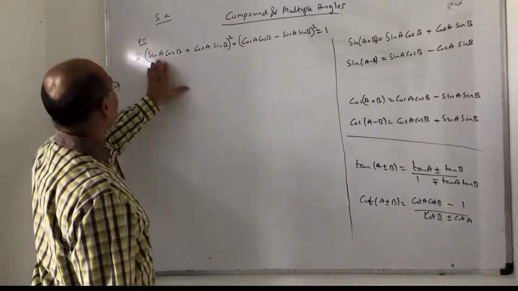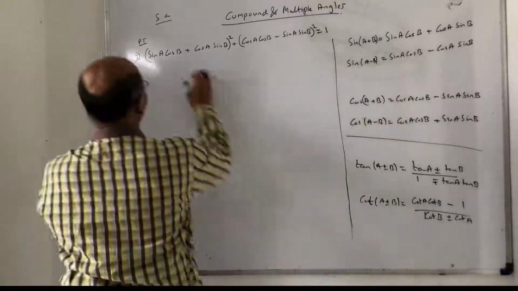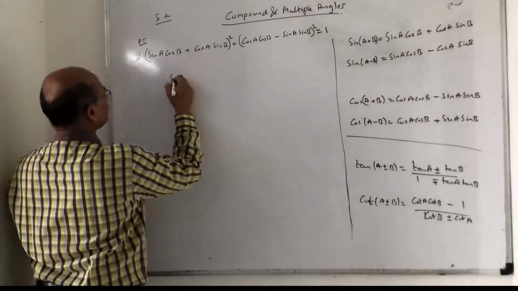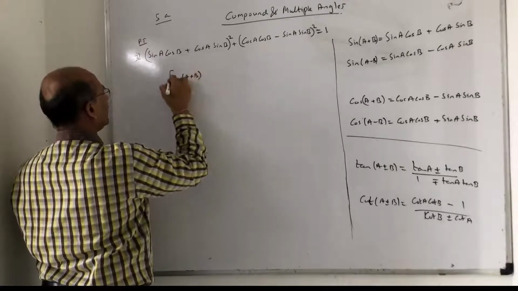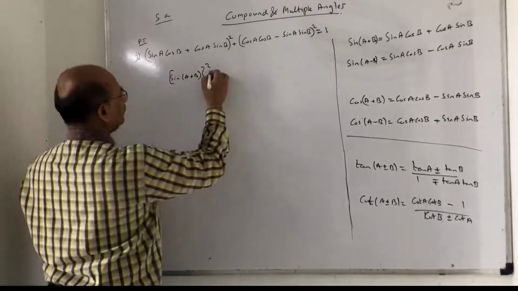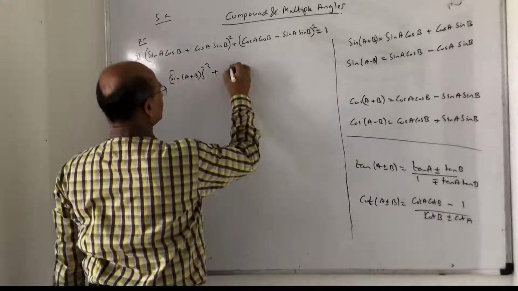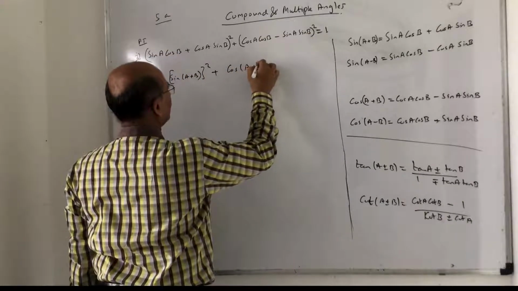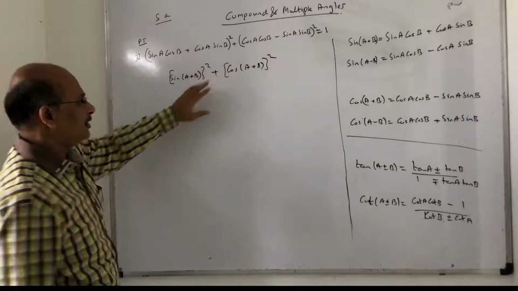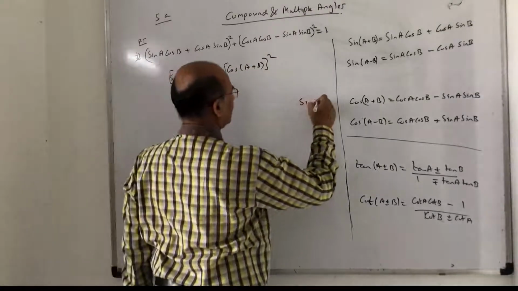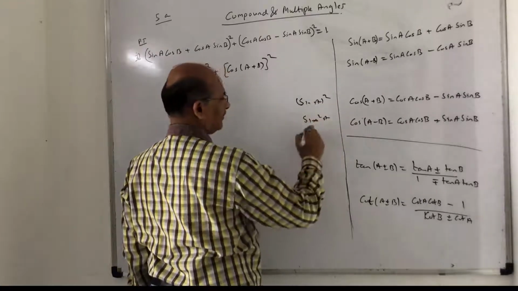So if you see, this is the presentation of this formula. So sin A cos B plus cos A sin B, I can write in this case, this is nothing but sin of A plus B whole square, correct? Plus, this is cos A cos B minus sin A sin B. So this is nothing but cos of A plus B whole square. Now basically in trigonometry, remember whether it is sin A whole square or sin square A, it is one and the same, correct?